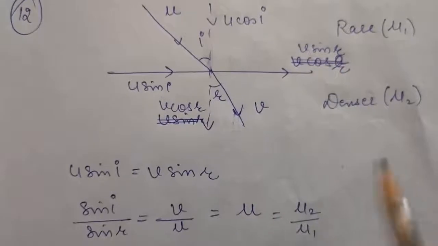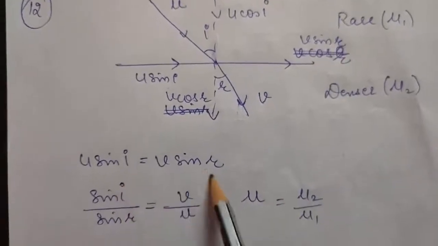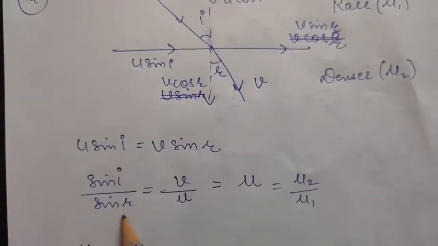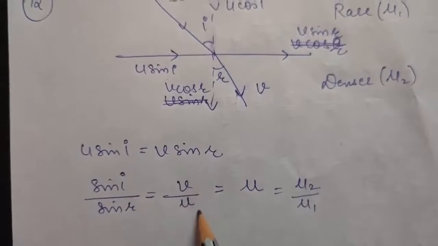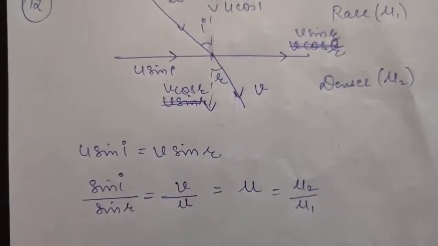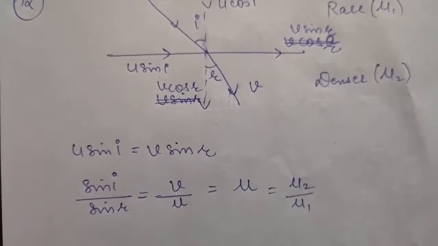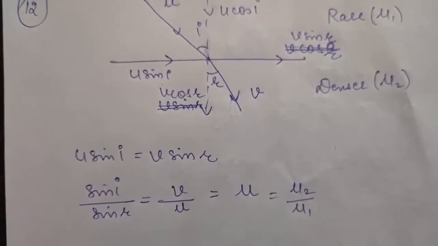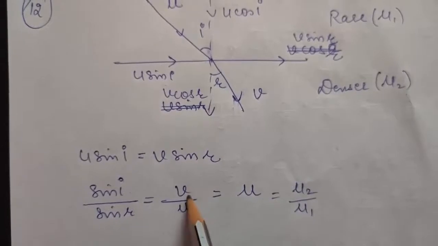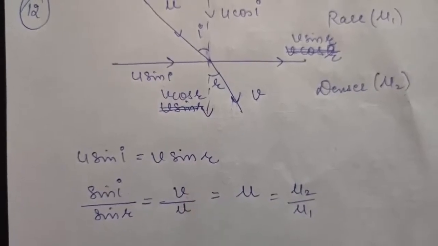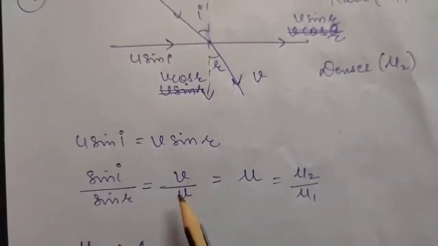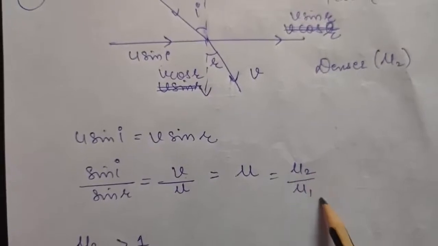So we can say u sin i will be equal to v sin r. From here, sin i by sin r will come to be v by u. And from Snell's law, this is nothing but, no, do not use Snell's law, sorry. Just use the definition of refractive index. So refractive index is defined as the speed of light in medium 2 to the speed of light in medium 1. So that will be v by u, or you can say mu2 by mu1.